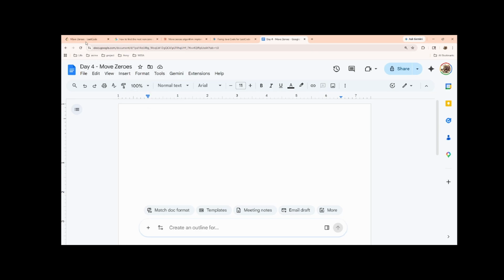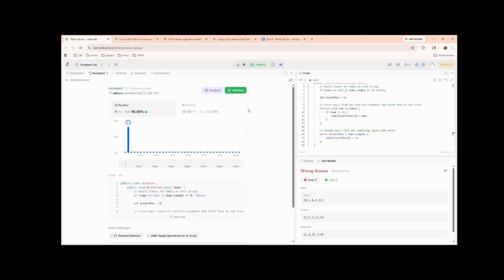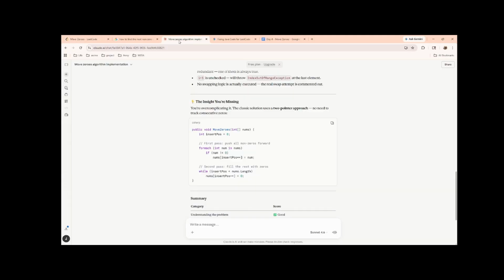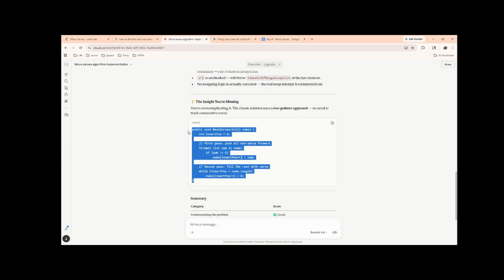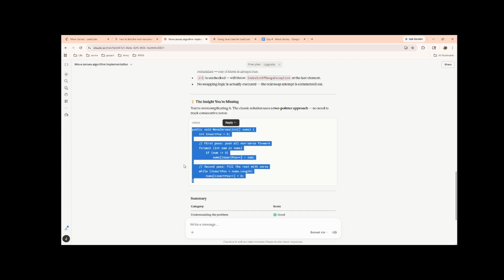But this logic that Claude showed me, the whole two-pointer approach, is not something that I'm familiar with yet. So I think I need to learn more about two-pointer approaches in general.